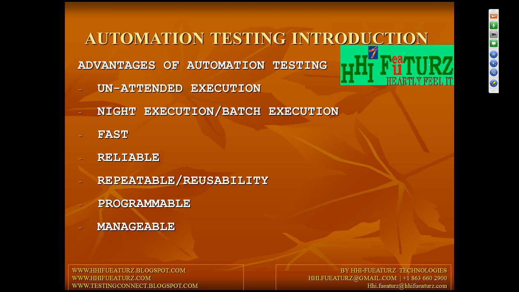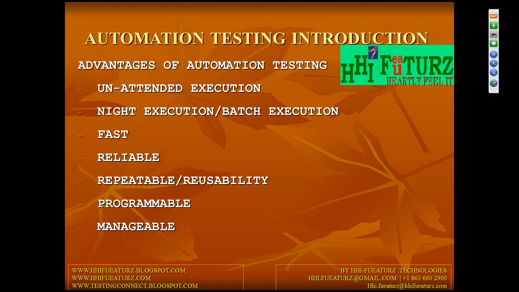Then manageable. What is the advantage of automation? Once you come up with automation, you can execute in multiple environments and multiple releases. That is the major advantage of your automation. 1000 scripts were generated.